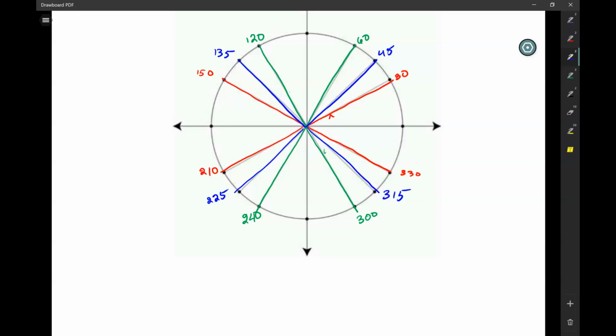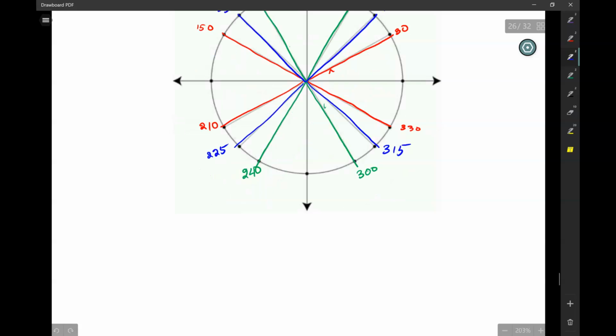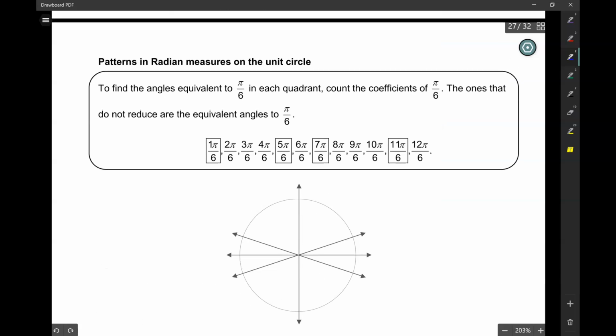Notice, by the way, all the 45s end in 5 on the unit circle, right? And it also works the other way. All of the ones that end in 5 on the unit circle are the 45 degrees.